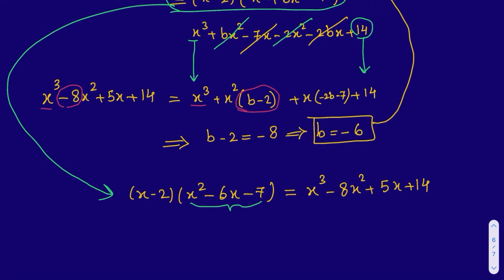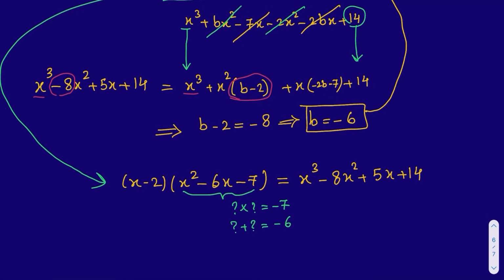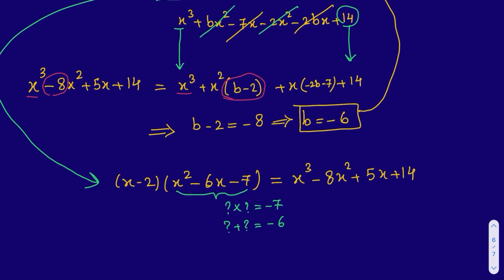We need to find out two numbers that multiplied by each other will give us minus 7, and if we add them up, it will give us minus 6, and the numbers are actually minus 7 and positive 1.